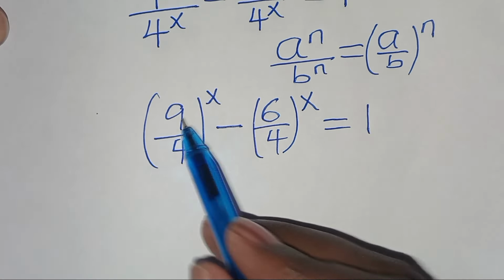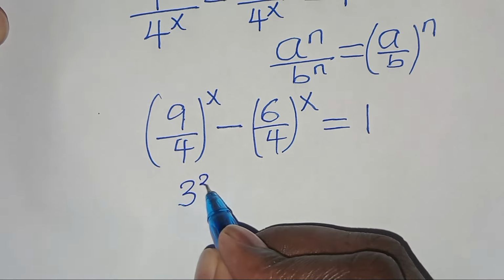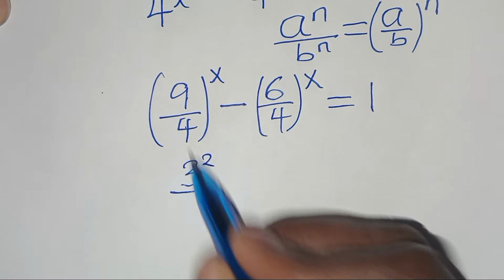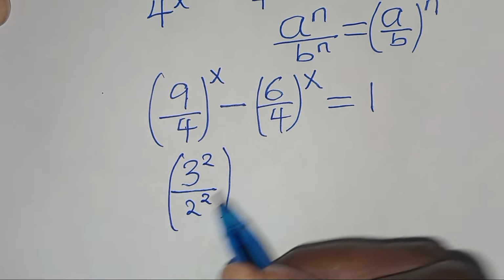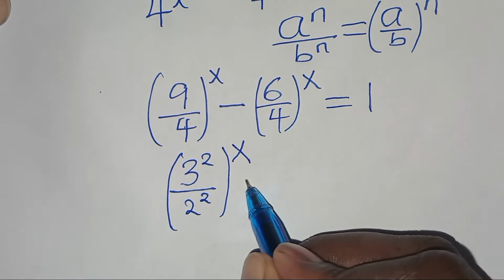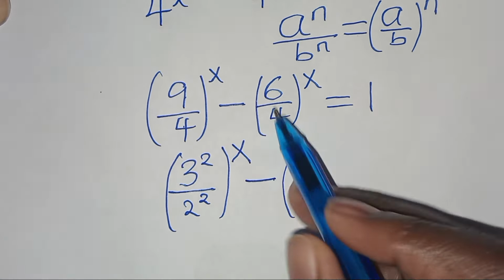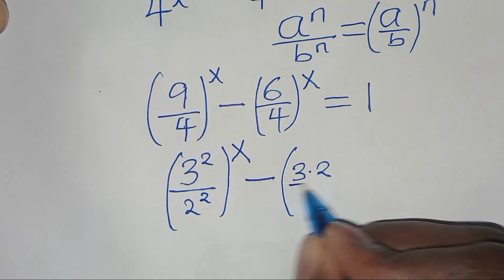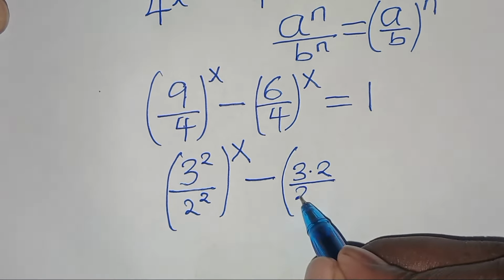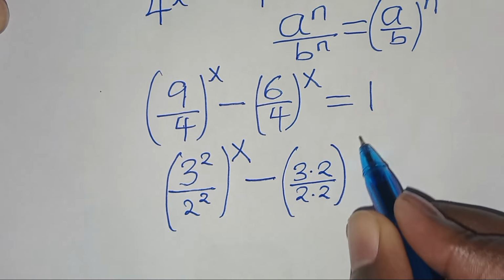Now we can express 9 as 3 to the power of 2 divided by 4, which is 2 to the power of 2. Everything here raised to the power of x, then minus. Now here we have 6. We can express 6 as 3 times 2 divided by 4, which is 2 times 2, raised to the power of x.